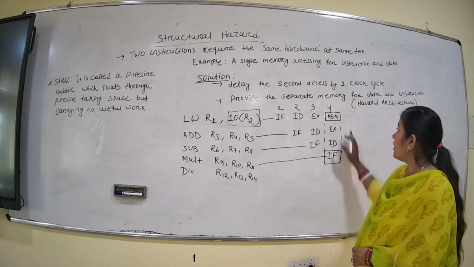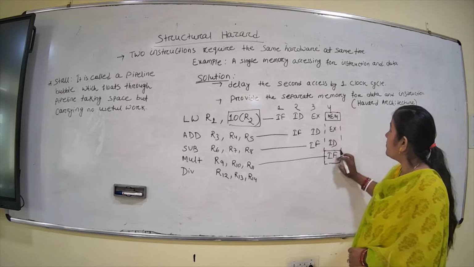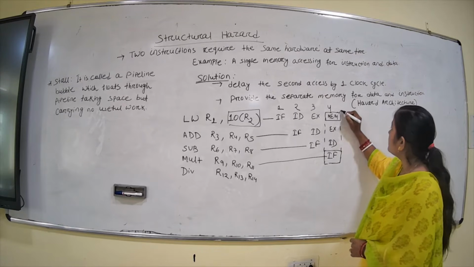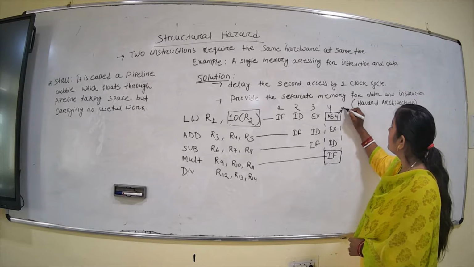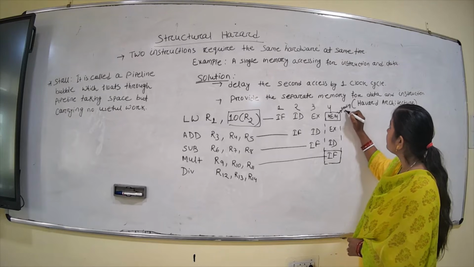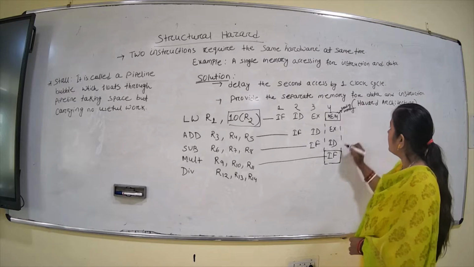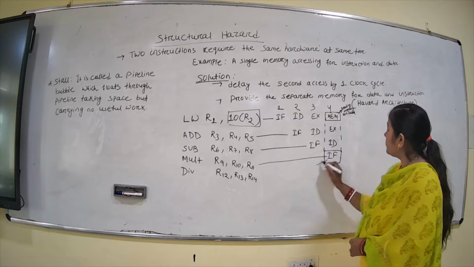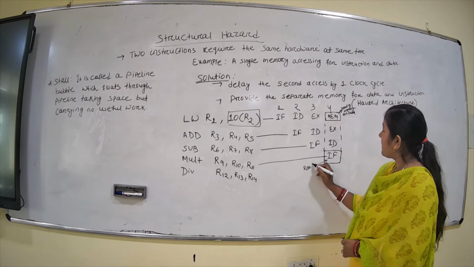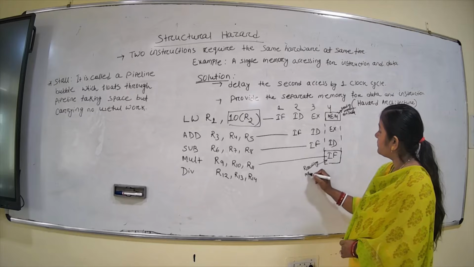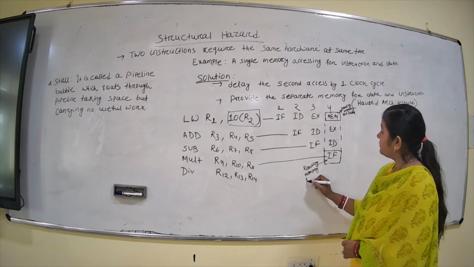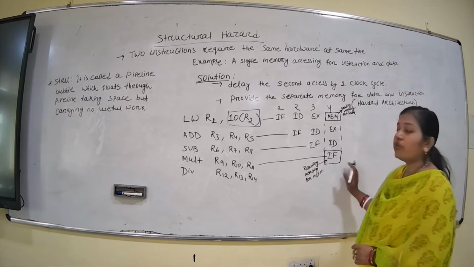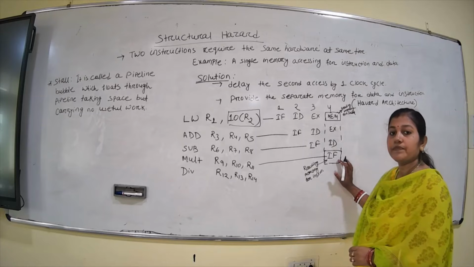So we cannot overlap the memory access and instruction fetch in the same clock cycle, because here we are reading memory for data, and here we are reading memory for instruction. So that's why we cannot do instruction fetch here.